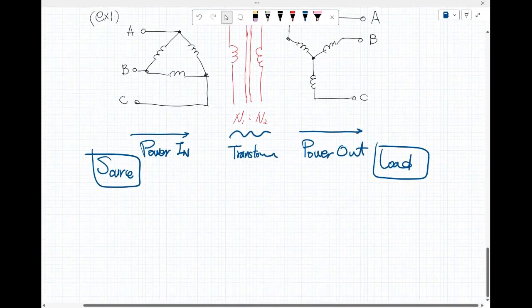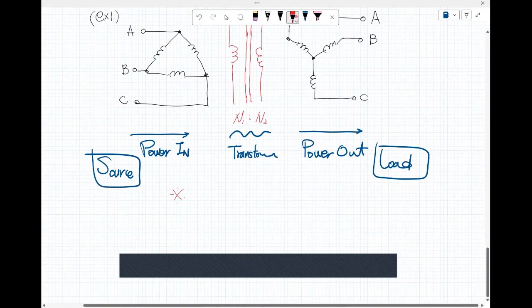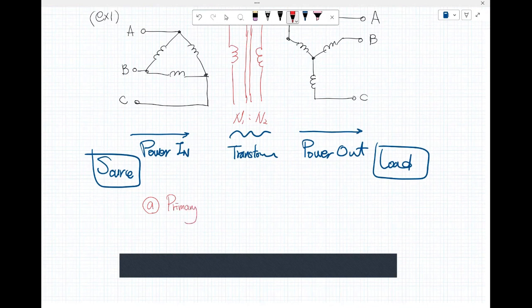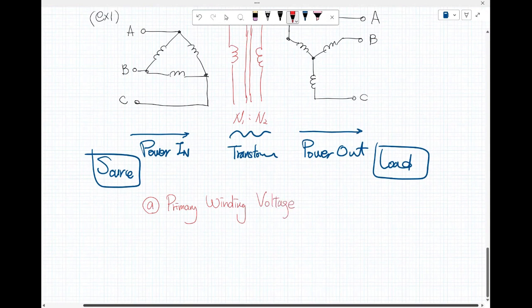So the question is, let's say the primary winding voltage is 480 volt.